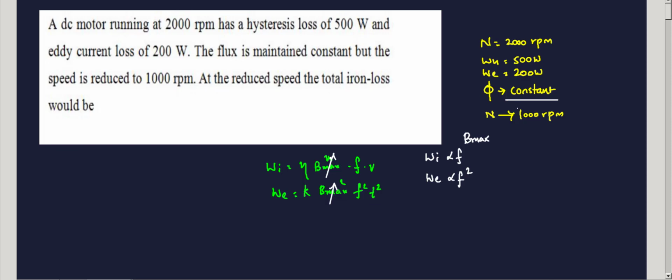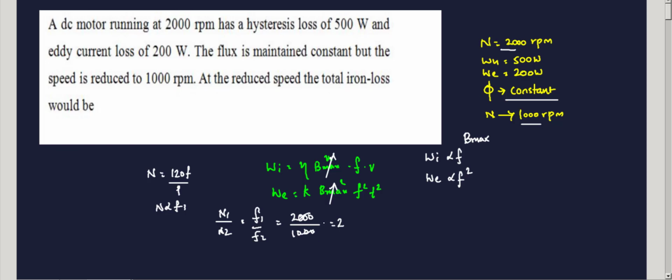So I want the frequency, but it is given in speeds. But I know that speed is 120 f by p, that is, speed is proportional to frequency. N1 by N2 equals F1 by F2, which equals 2000 by 1000, that equals 2.